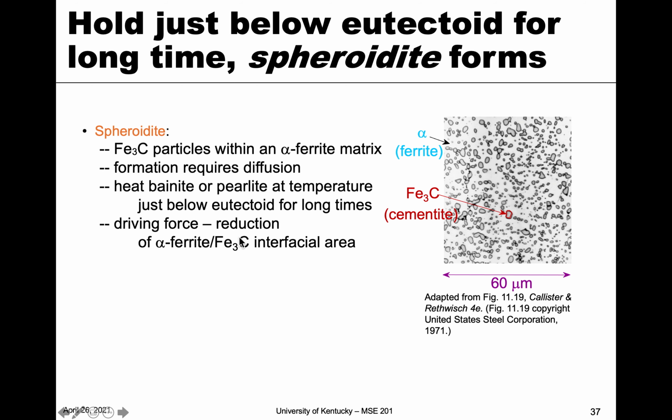So if we compare that to perlite or bainite or any other species, this gives us the lowest interfacial energy. So this happens to steels when you hold them at really high temperatures for a long enough time to minimize that boundary interface that we see.